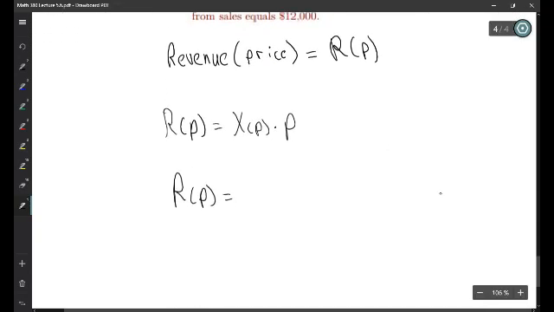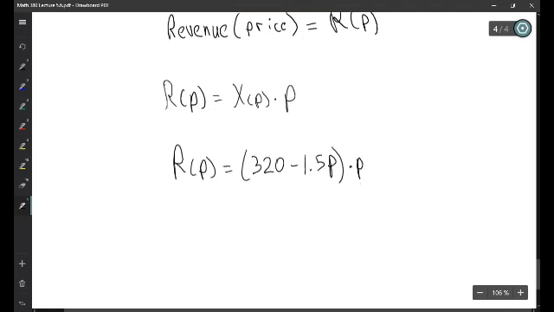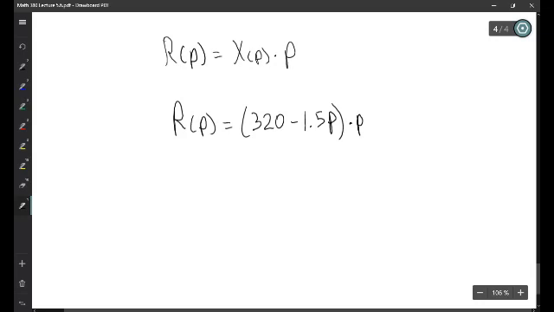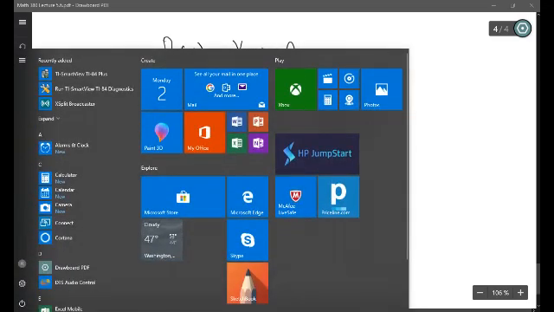So we get 320 minus 1.5P, and then times P. So we want to distribute that P on the outside of the parentheses into each term.